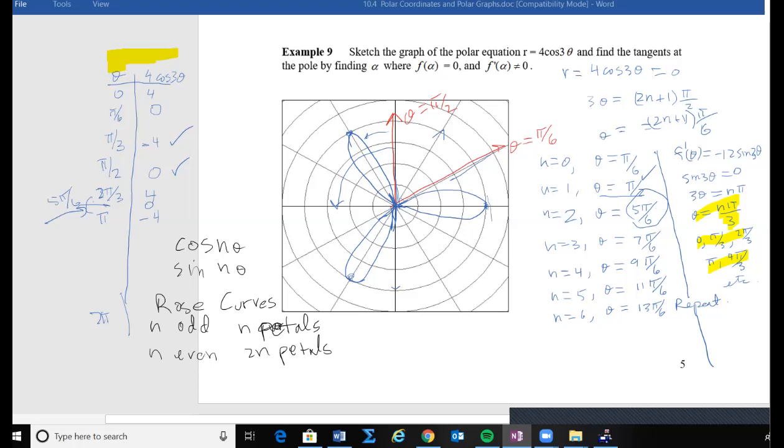Now we just had a cosine of 3 theta. So notice we have 3 of these petals. Okay, 1, 2, 3. They're all equally spaced, 120 degrees apart. So if you find one, you can find the other 2 in this case.